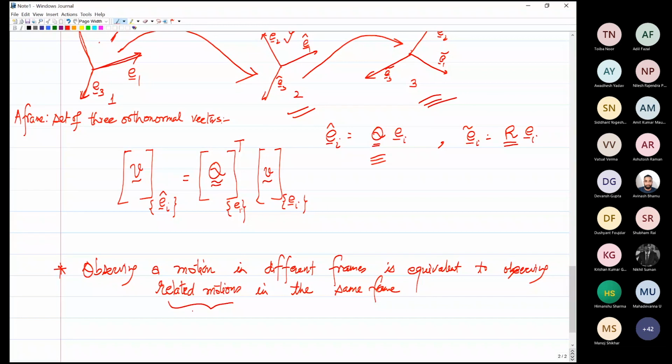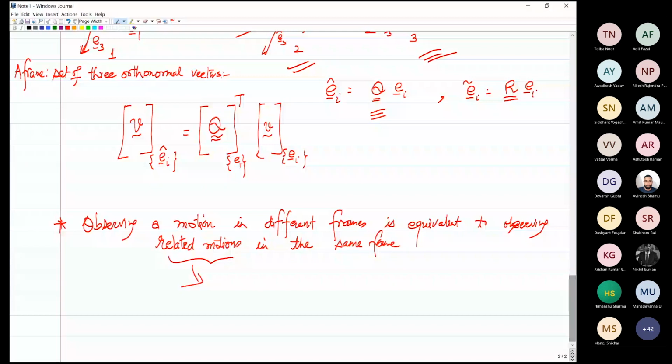So we have, for example, y star equal to some rotation tensor Q(t) into y of x comma t plus a constant c(t).